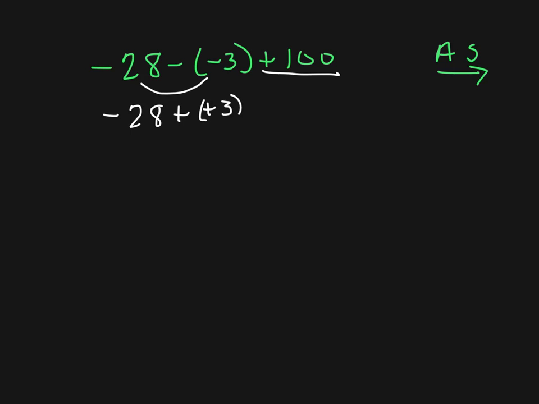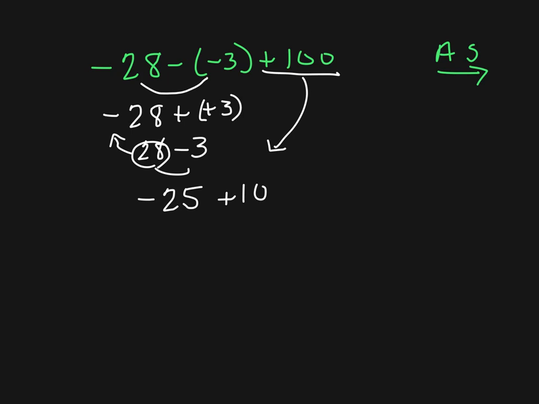And now I've got the signs are different, so I find the difference of those absolute values. The absolute value of negative 28 is 28. Absolute value of positive 3 is 3, so I'm going to subtract 28 minus 3. That gives me 25. The larger absolute value is here, so that's negative 25. Bring down the rest of my problem, plus 100.